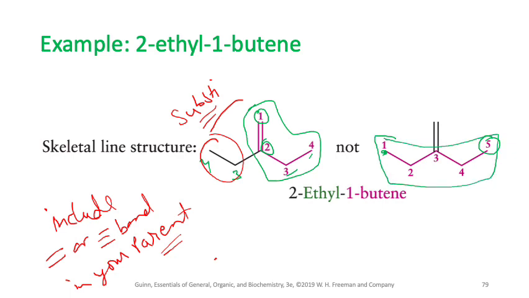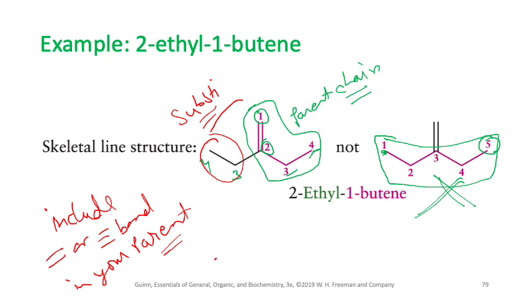So what's wrong with this? Why can we not have this as our parent chain even though we have a higher number of carbon atoms in there? We have 5. In the previous one we have 4, but I'm still using that as a parent chain because the rule says you cannot leave out the double bond. Second, you have to give the lowest number to the double bond.